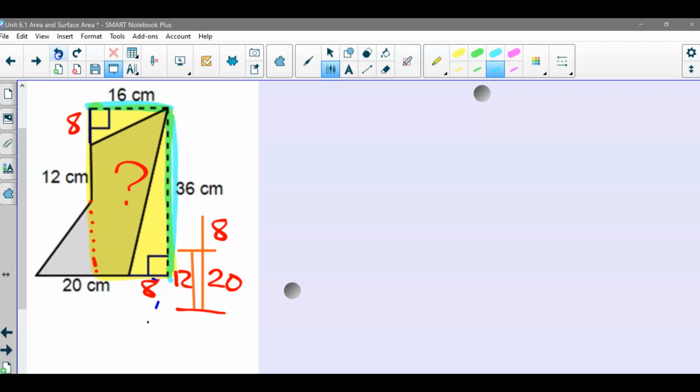You should already know what's going on here. All right, Macy, what do I do with this little triangle on the side? I need to find out how much space is there.